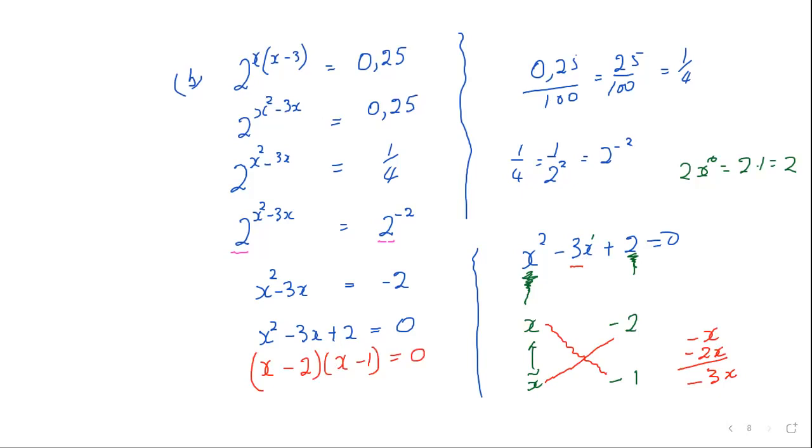Therefore, x minus 2 is equal to 0, or x minus 1 is equal to 0, where x is equal to 1 and where x is equal to 2.